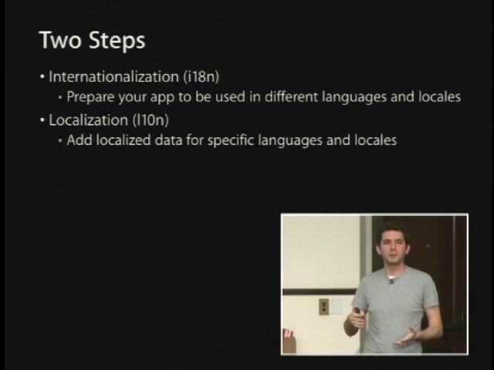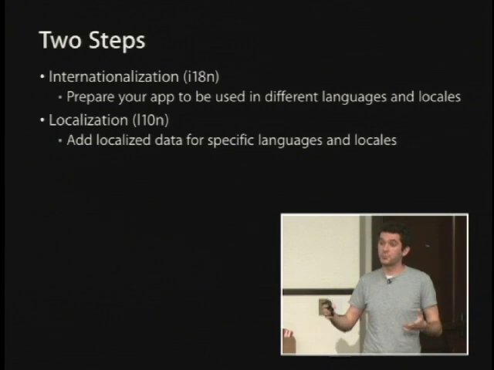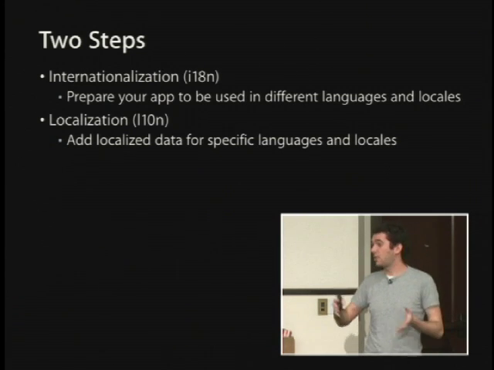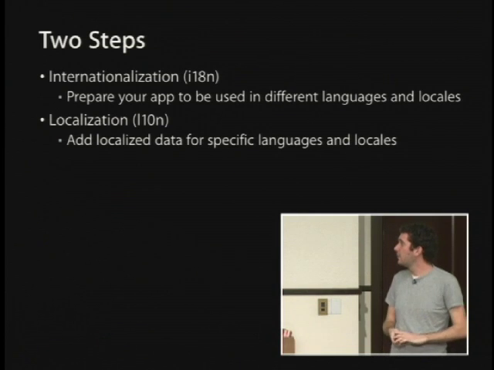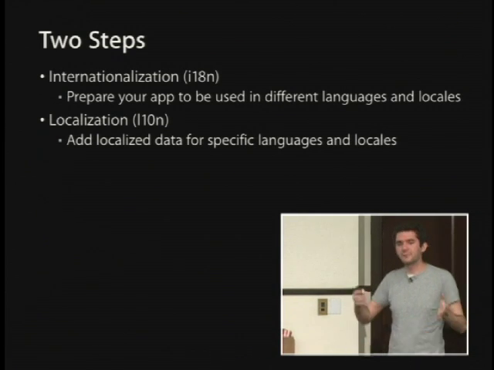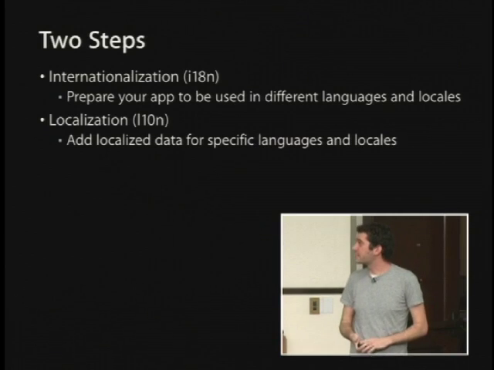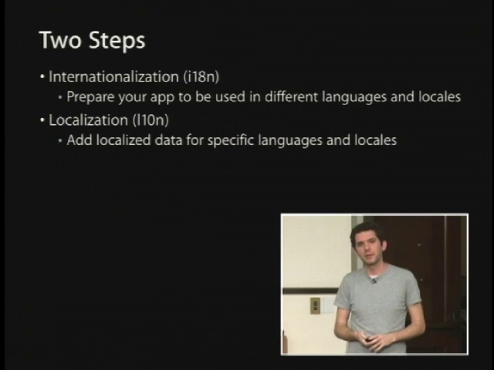You'll set it up so that your nibs can be in separate lprojs, and you'll set it up so that your strings are loaded out of these strings files. Basically, you'll make it such that you can pass off the nibs and the strings files to a localization team, or yourself if you're multilingual, and actually have them change the strings and change the nibs to work with whatever language you're trying to support. And so that's the second step, localization, where you actually add the data that's specific for the different languages and locales.